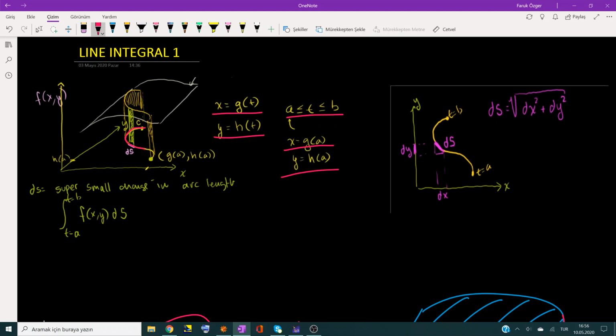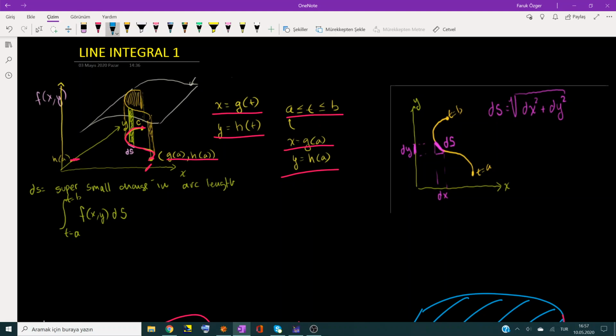This is the parametric curve, with an initial and terminal point. For the point A, you have g of a and h of a. G of a is here and h of a is here. And using all these points in between a and b, you have this parametric curve.